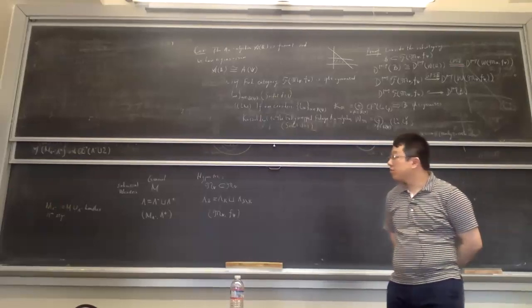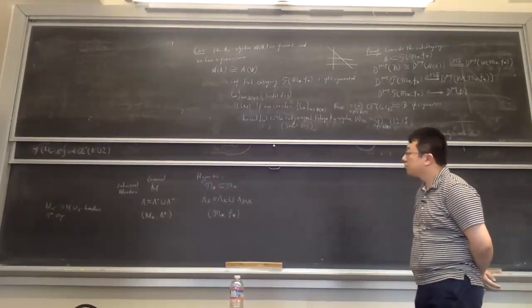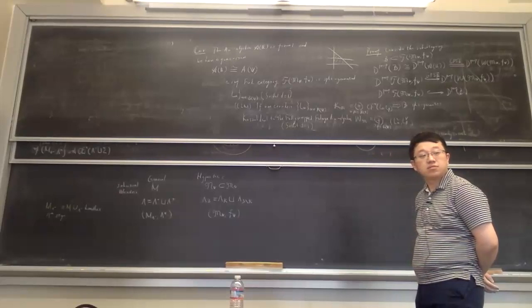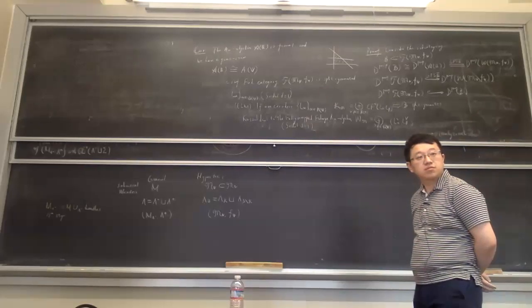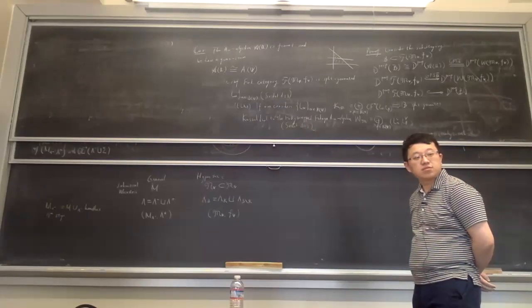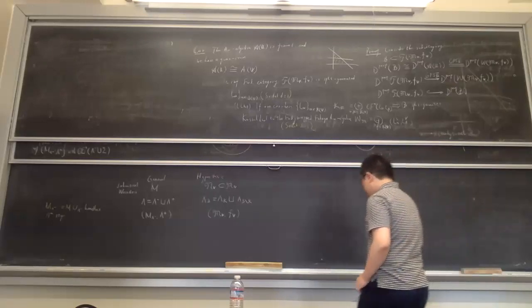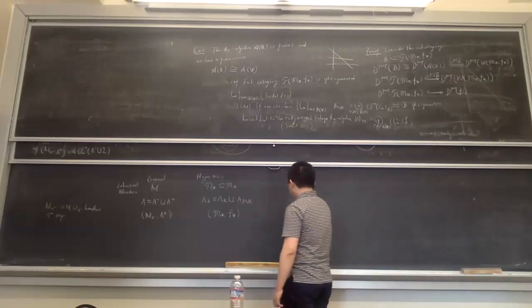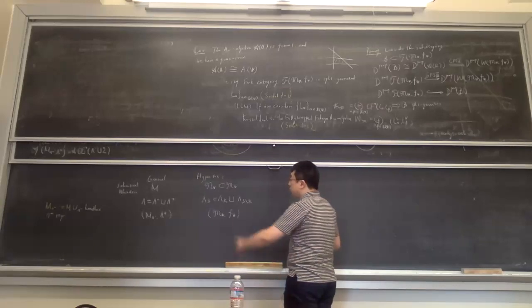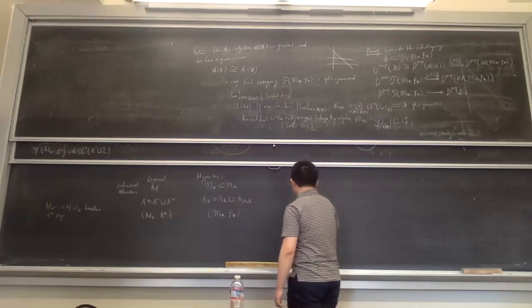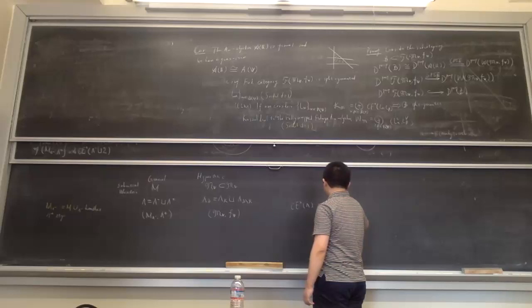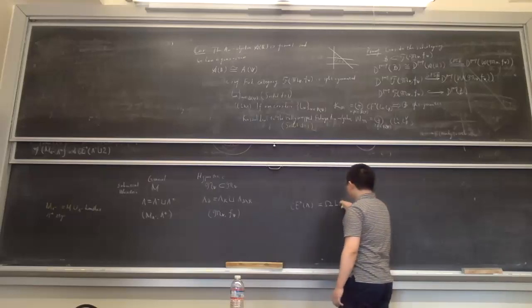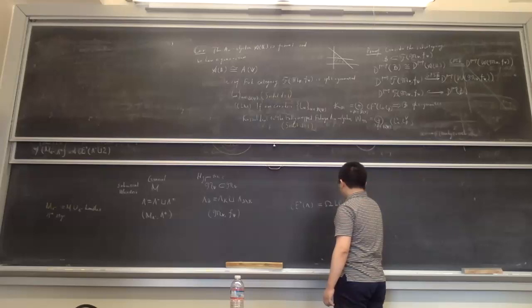And another question. It's very nice and beautiful that you can relate that category with this Chekanov-Eliashberg DGA. How do you use that relation here? The reason we need to use Ekholm-Lekili is that they can write this Chekanov-Eliashberg DGA as the cobar construction of something called the Legendrian co-algebra of your Legendrians.